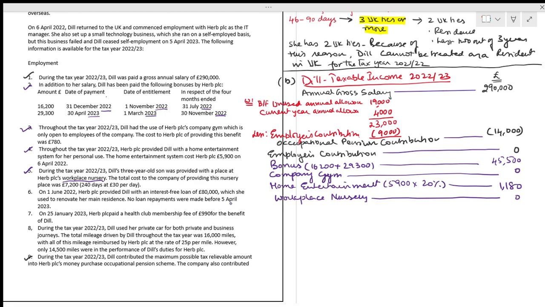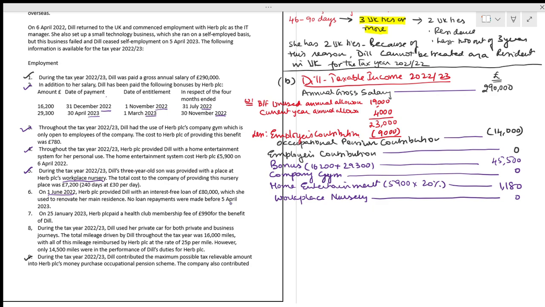Now coming to the next one, they have an interest-free loan. What is the interest rate? 10,000 maximum. Over and above 10,000, it has to be 2%, taxable. They say there is an interest from 1st January 2022, which she used to renovate her home, no repayment was made.